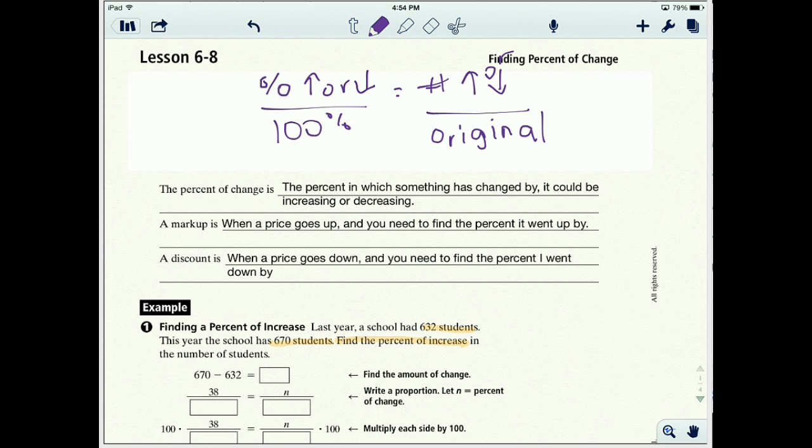So the question you should be asking yourself here is basically how much did it change? If you can answer that question, that's the number that's going to go right there.